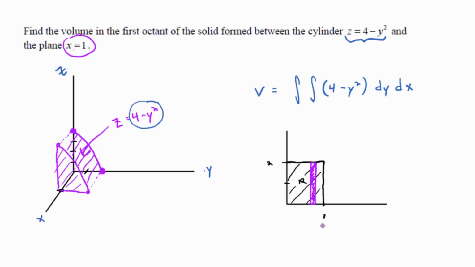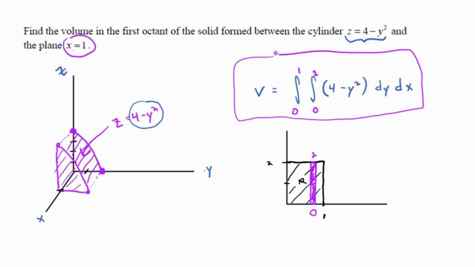But the bottom and top are going to be given by the same values on the big rectangle for R. So what does y run from? 0 to 2. What does x run from? 0 to 1. And I'm going to stop there with this one, because I bet you can evaluate that on your own. I bet the hard part is setting it up, right? Or you thought the hard part was setting up, but now you see it's not so bad.